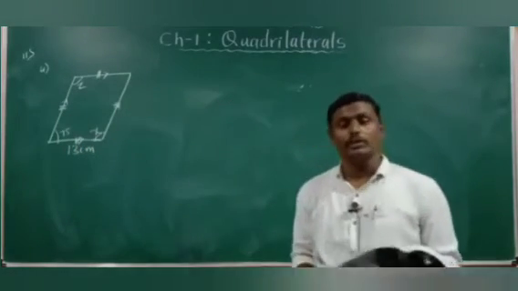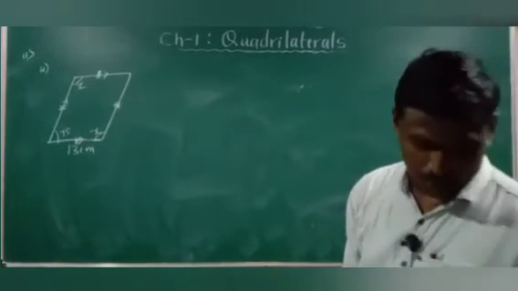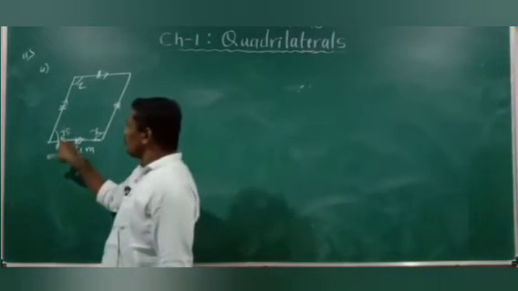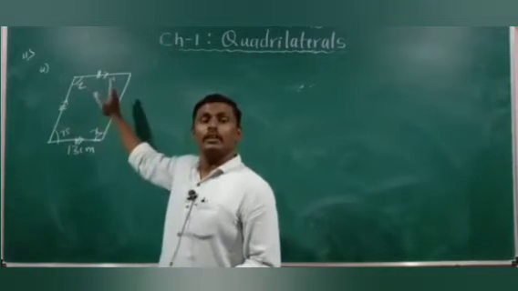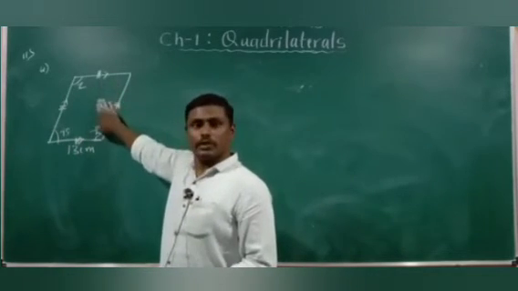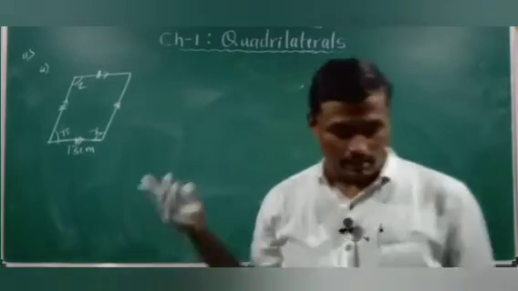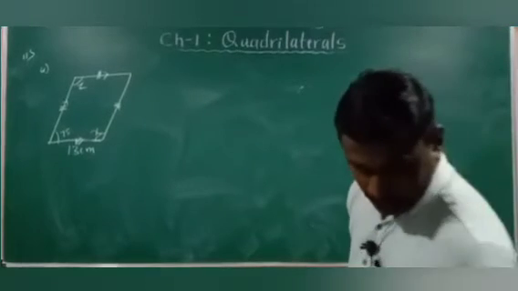It means it may be a square or rhombus. So if they gave a 75-degree angle here, it is a rhombus only, because in the square each angle is equal to 90 degree. Therefore the given figure is a rhombus.